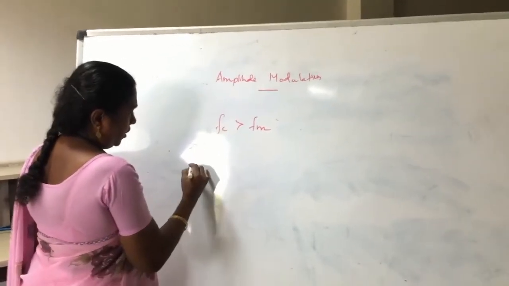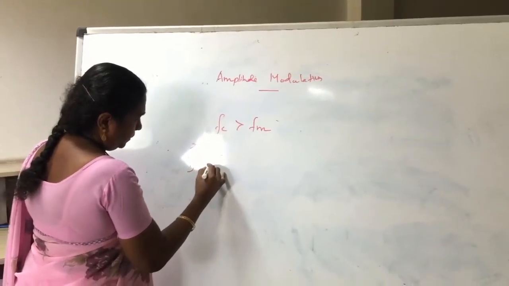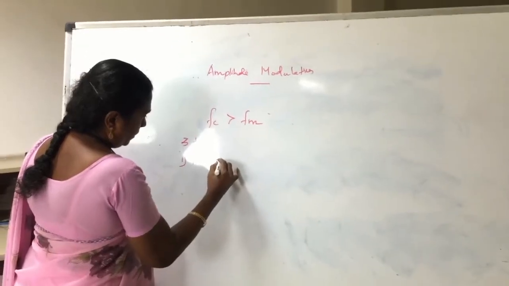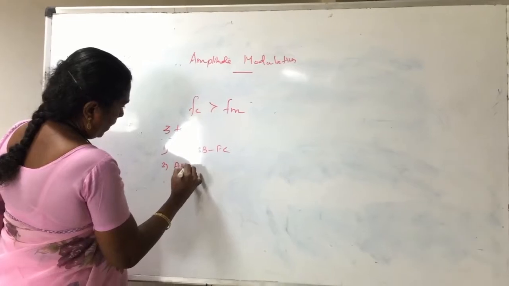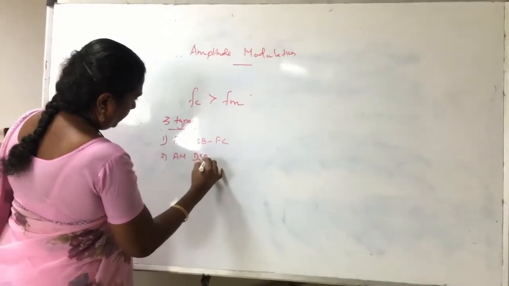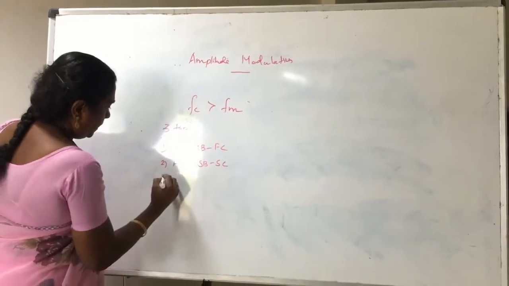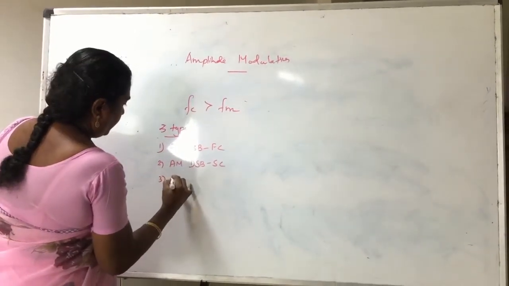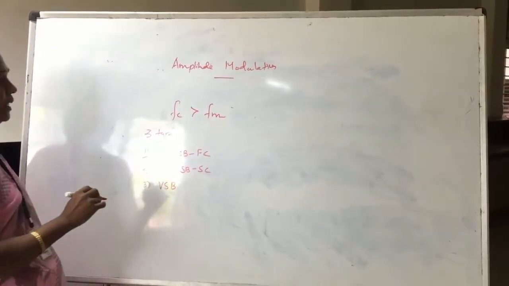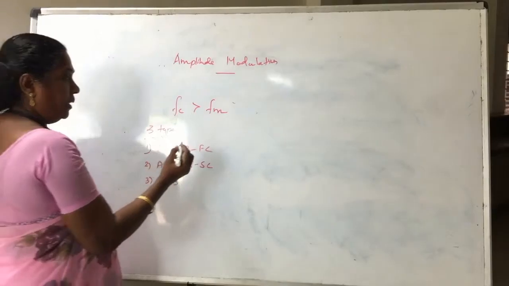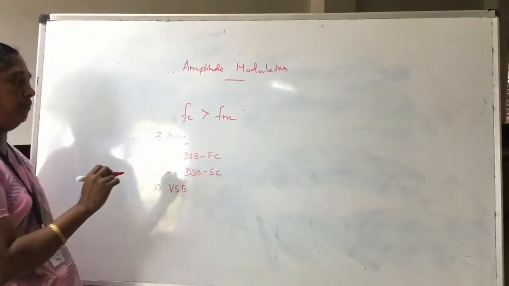The three types are: the first one is AM DSB FC, the second one is AM DSB SC, and the third one is VSB.